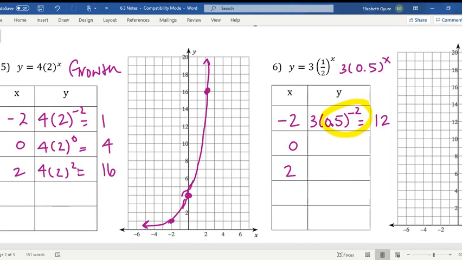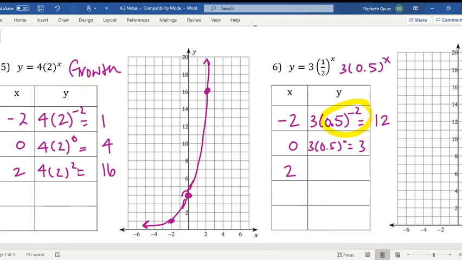Okay. And then plug in your 0. 3 times 0.5 to the 0. So 0.5 to the 0, right? That's going to give you 1. And then 1 times 3, you should get what? 3. Oh my God, yay. Okay.